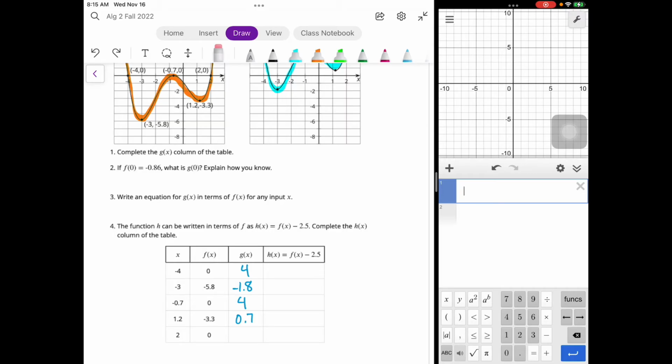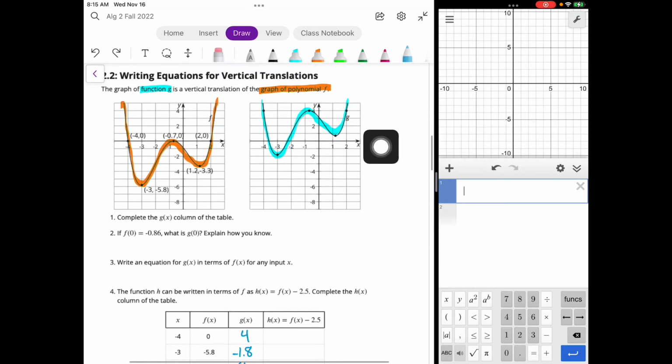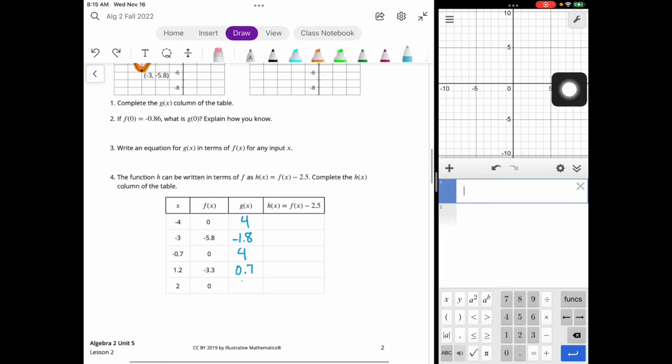All right, and so we have 0.7, and then for 2, we have that point up there, so that's 4. Okay. So we've completed the table.